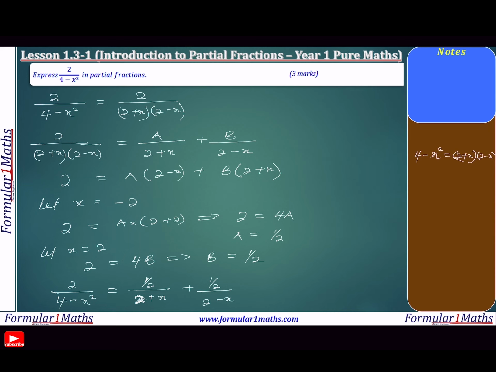This can be simplified to 2 over 4 minus x squared being equivalent to 1 over 2 brackets 2 plus x plus 1 over 2 brackets 2 minus x. And that's the answer required. So this brings us to the end of this session on Introduction to Partial Fractions.